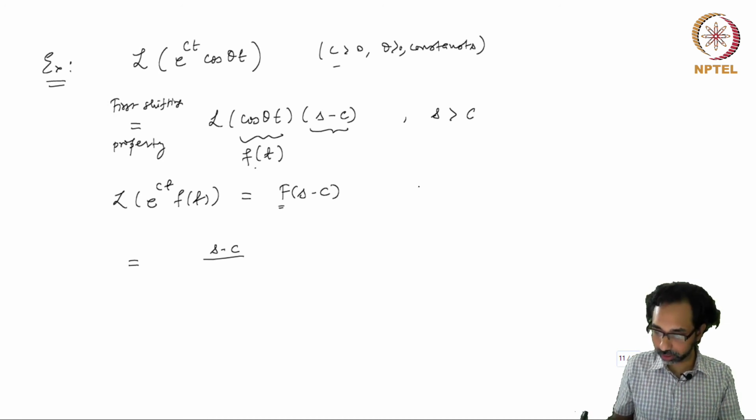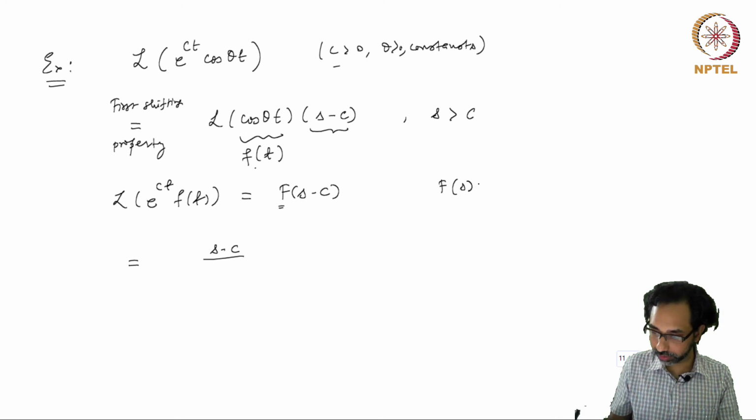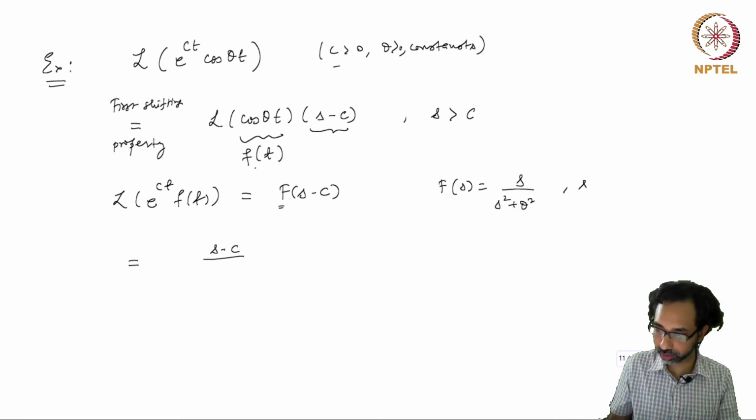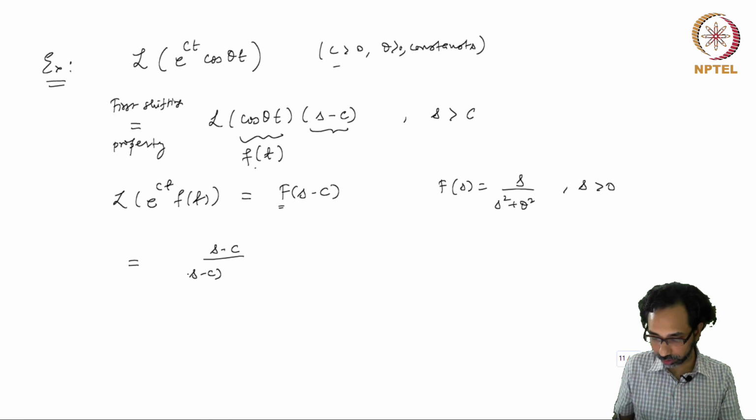Since the Laplace transform of cos theta t is given by s over s squared plus theta squared for s greater than 0, when we replace s by s minus c, we get (s minus c) over ((s minus c) squared plus theta squared), and here s is again greater than 0.